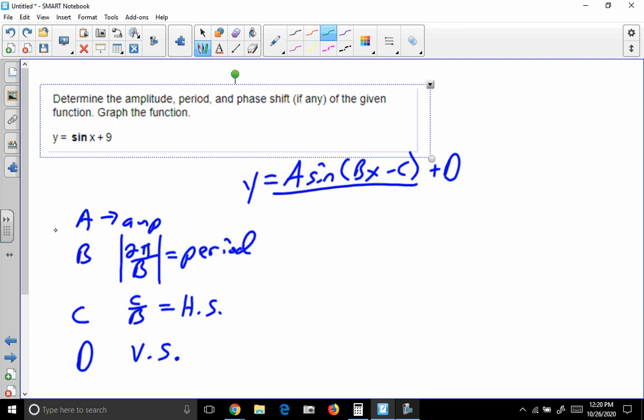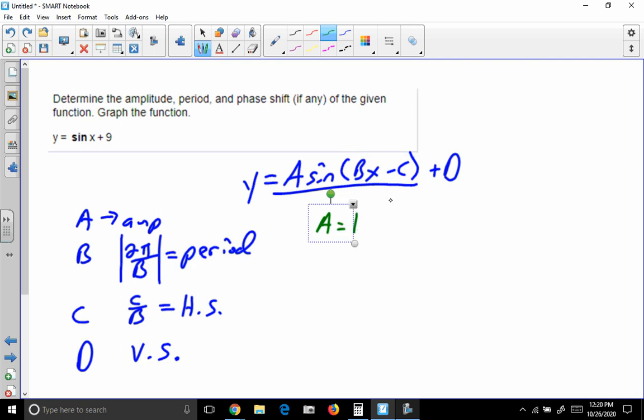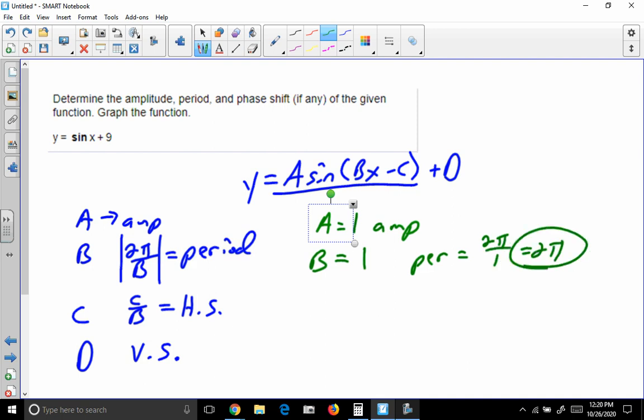So for ours, our A is 1. So we have an amplitude of 1. Our B is the coefficient of x. Our B is 1, which means the period is 2 pi over 1, or just 2 pi. That's how long it takes to repeat. C is 0. There's no number added or subtracted directly to the x.